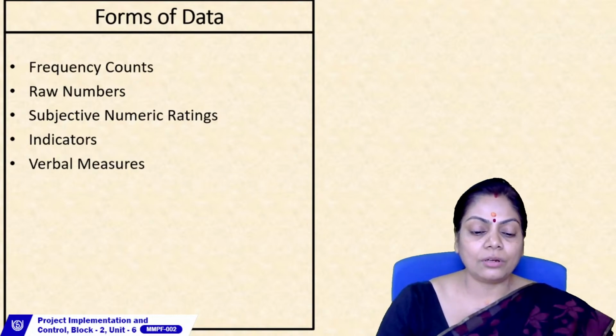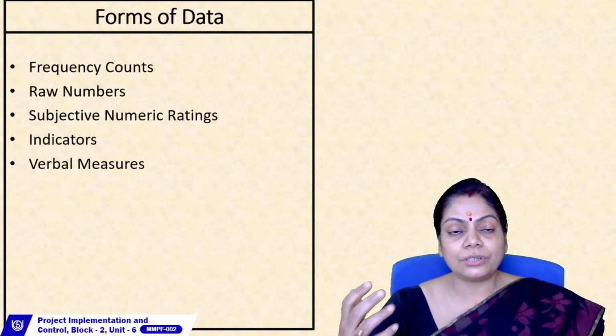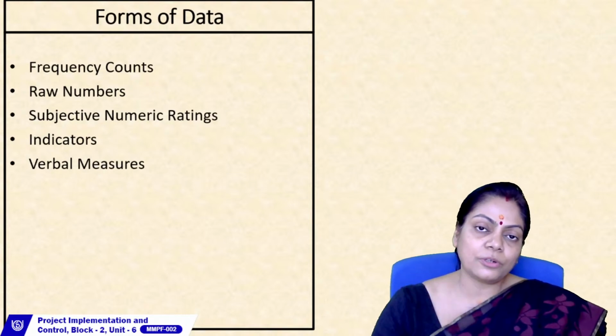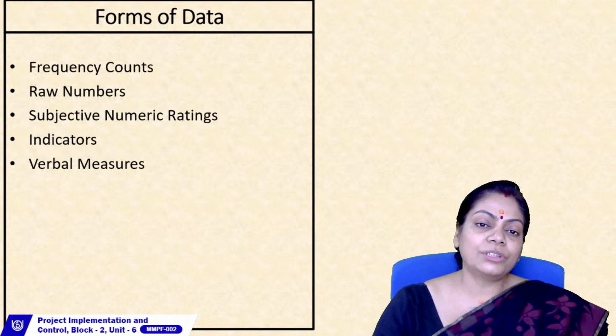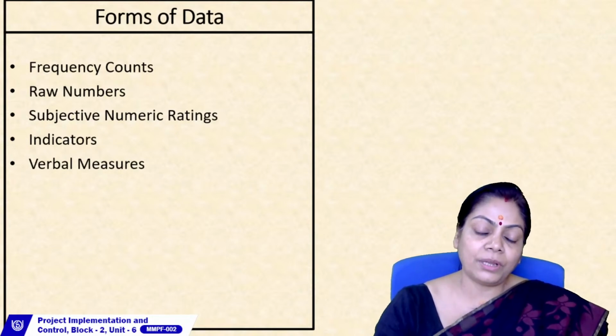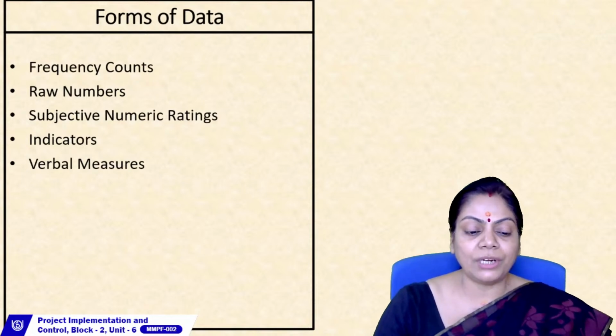These are all verbal measures, and they can be derived through one-to-one interaction with the person concerned. Obviously, these are not things you can collect from a set of questionnaires, so they have to be extracted through one-to-one interaction.